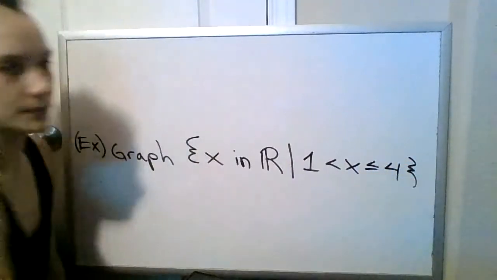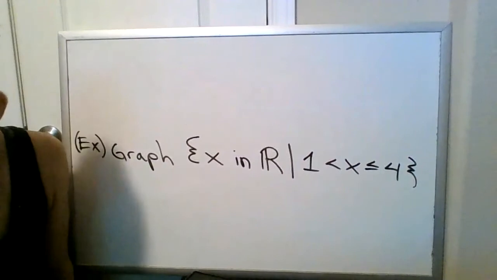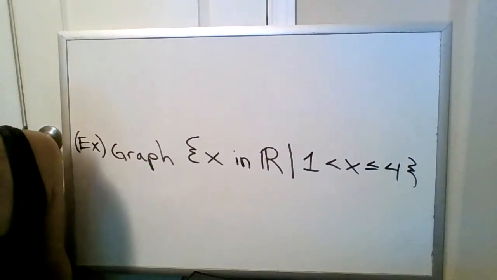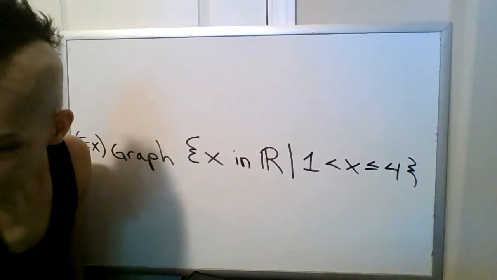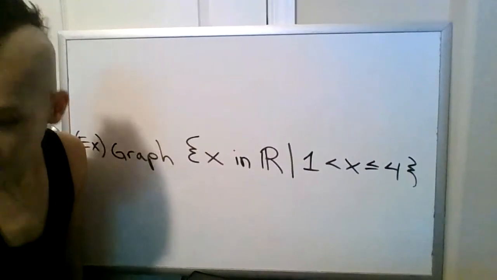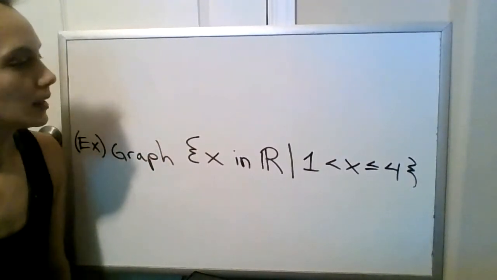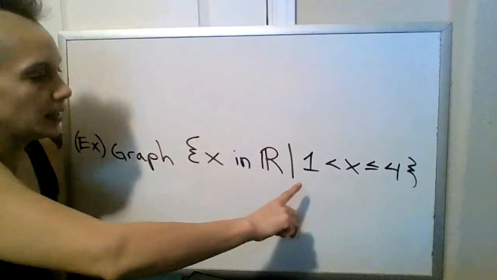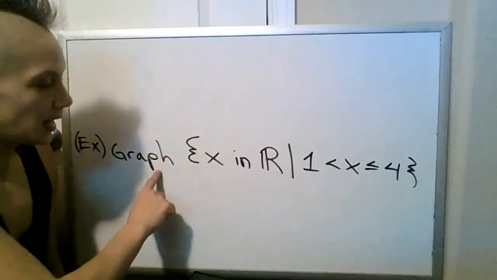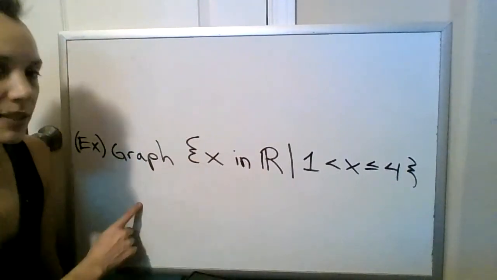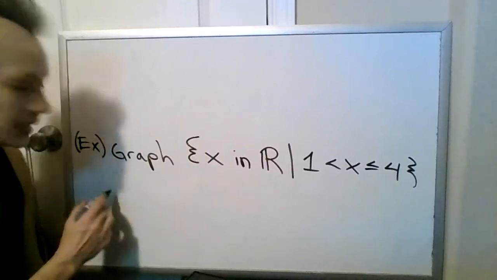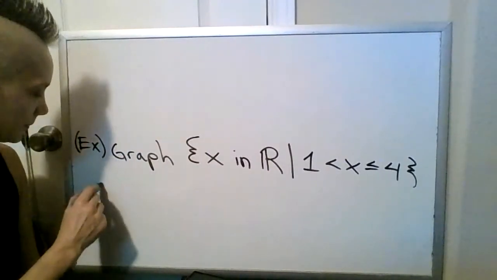Close the set. This time we're going to graph, and we're also going to do the same as before. Write the set in interval notation.